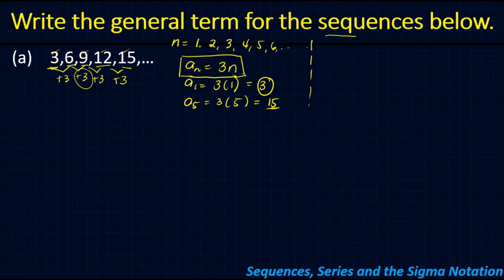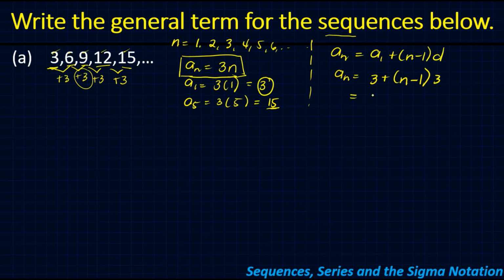Since it is arithmetic, we can use the formula for the terms: a sub n is equal to a sub 1 plus quantity n minus 1 times d. So we have a sub n is equal to, our a sub 1, or the first term, is 3. Then plus quantity n minus 1 times the common difference of this sequence, which is 3.